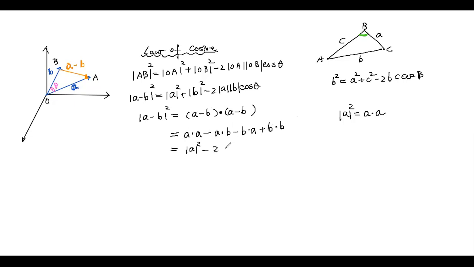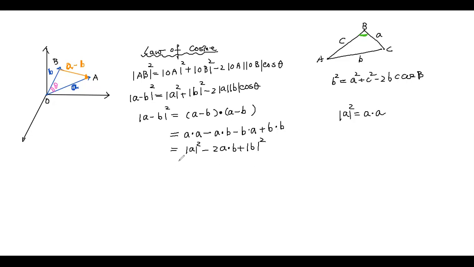So this will be minus 2 A dot B, then plus B dot B, which is B squared. So it's A squared minus 2 A dot B plus B squared.